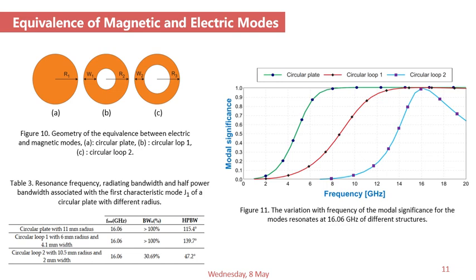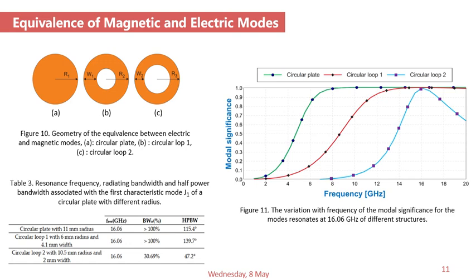The second equivalent geometry is the circular loop 2 with a width of 2 mm and an external radius of 10.5 mm, yielding a 46% size reduction, as shown on the left side.